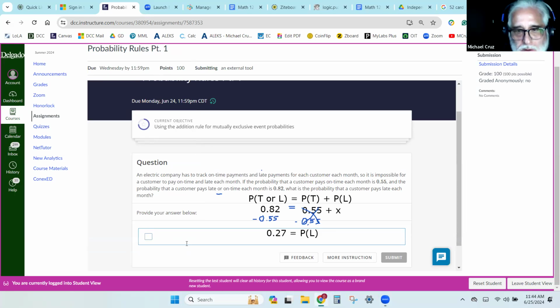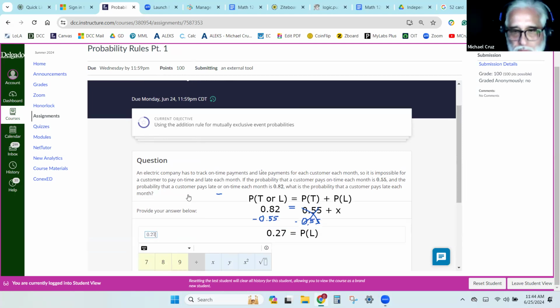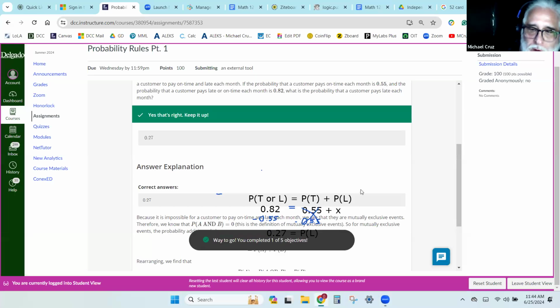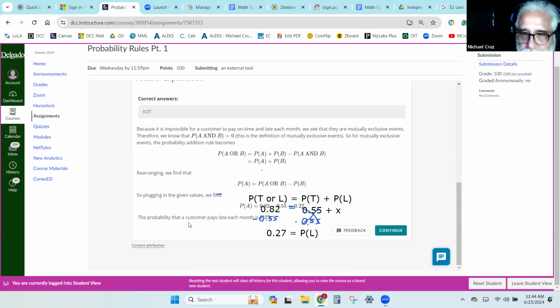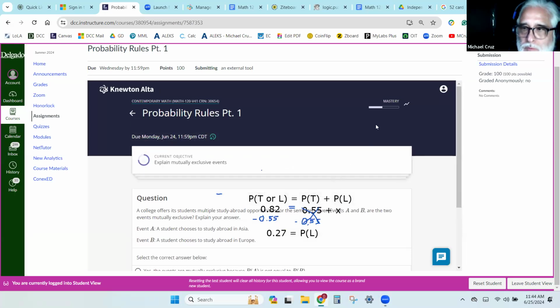So this is 0.27. All right, got through one objective. It's almost halfway though. That's good.